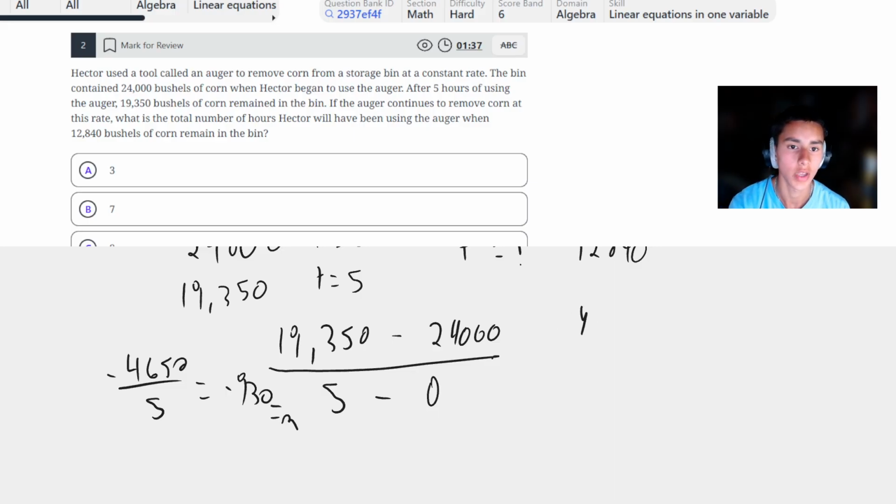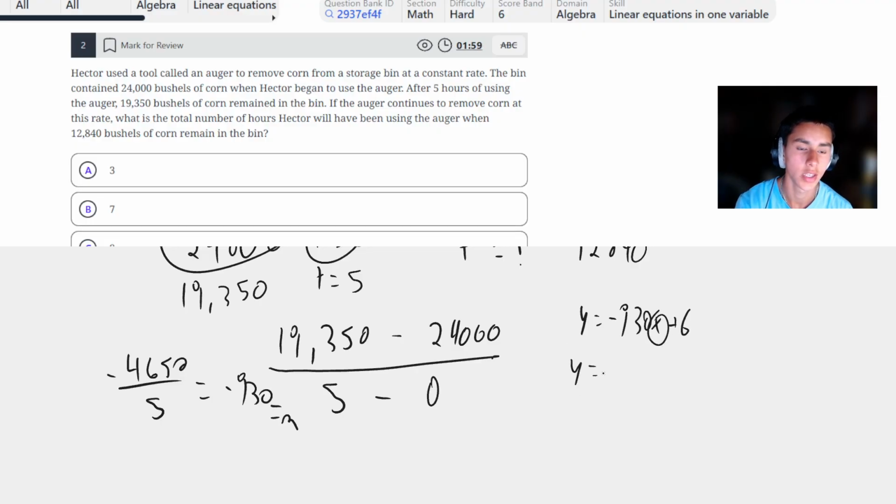Now, we can do an equation for this. So y equals mx, where m is negative 930, plus b. However, we have a point. So t is 0, 24,000 is y. So if t is 0, t is the x in this situation.